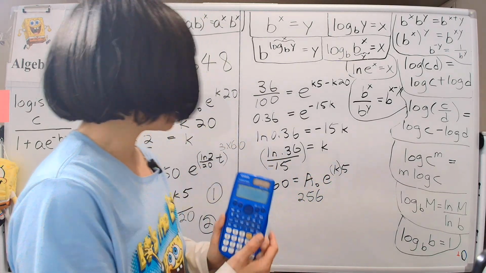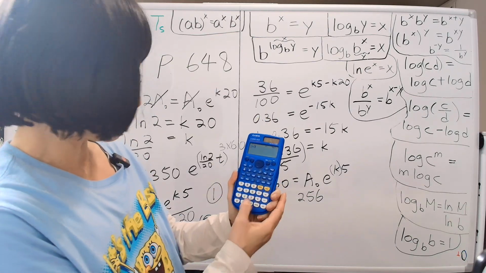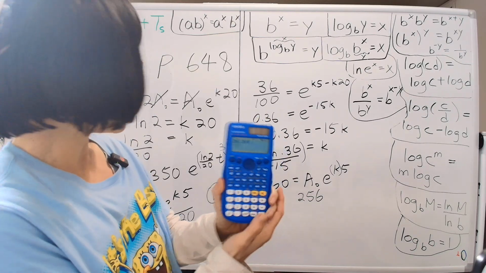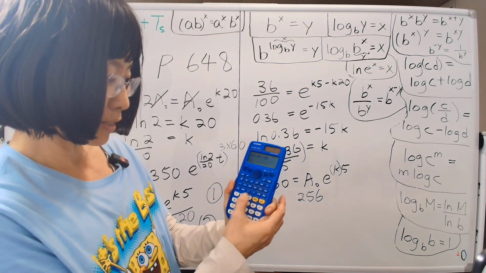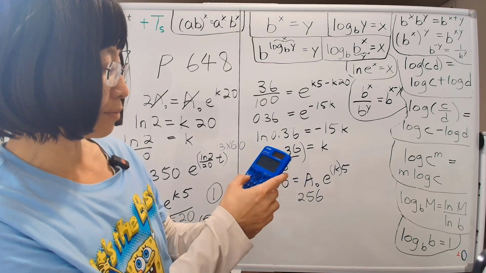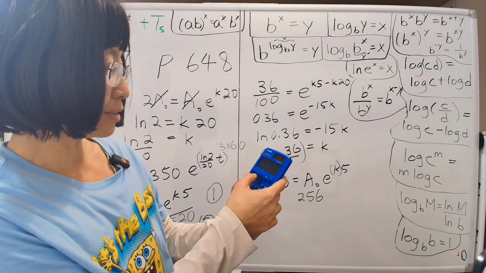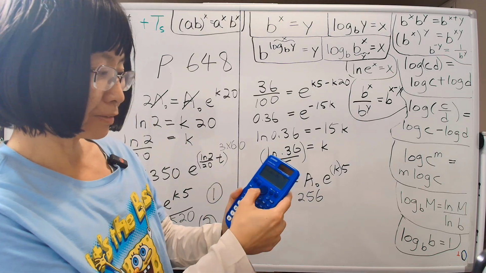So let's just punch in k, which is natural log of 0.36 divided by negative 15, close parentheses, and that equals error. Why is there an error? Oh, sorry.